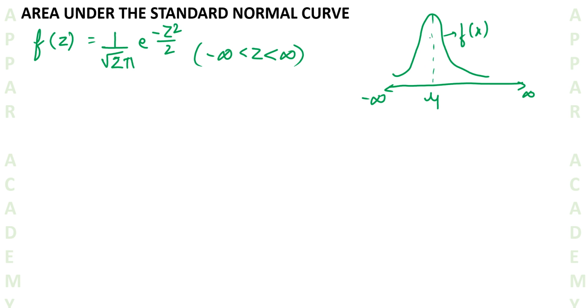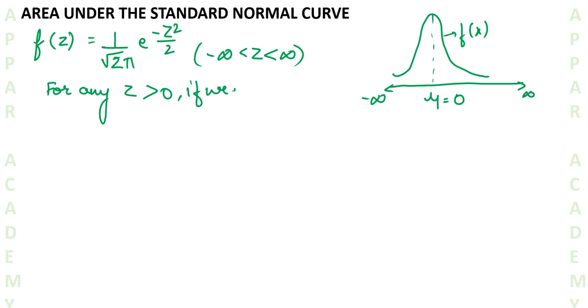Since it's a standard normal curve and the mean is equal to 0, it's centered around 0, and this represents our density function and our curve. Now, let's suppose any z greater than 0. I'll let you know why we are taking z greater than 0 in a minute, but let's first start.